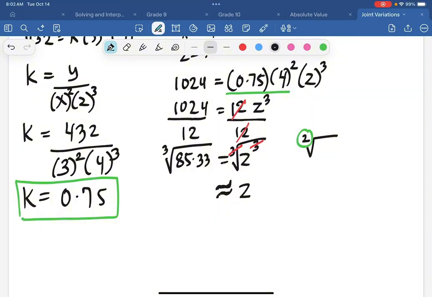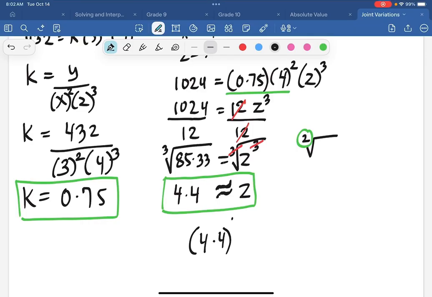Now we have the approximate value here, 4.4, and this is the approximate value of z. Now, why is it that it's only the positive? Because if we are to have this one only, we have 4.4 cubed.